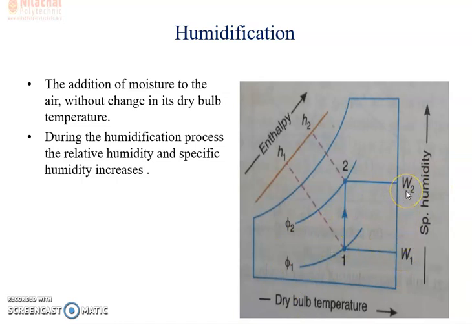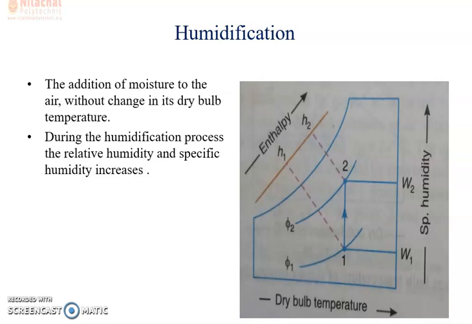During humidification, the change in enthalpy is H2 minus H1 on the psychrometric chart. Since the dry bulb temperature of the air remains constant, the sensible heat also remains constant.